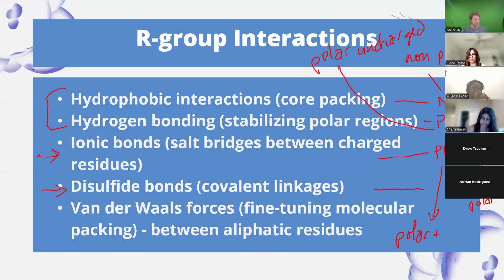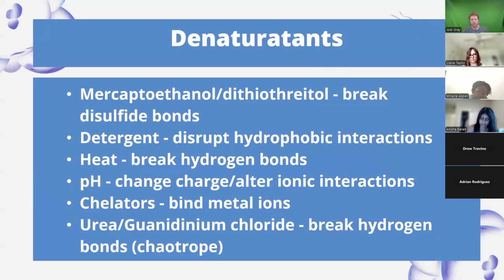Okay. Now, disrupting these interactions. That's what we have to do in order to denature a protein. So we use different denaturants. These are chemicals or treatments, you could say, that interrupt those interactions. So there are two common reactants that are used for breaking disulfide bonds. They are known as mercaptoethanol and dithiothreitol.